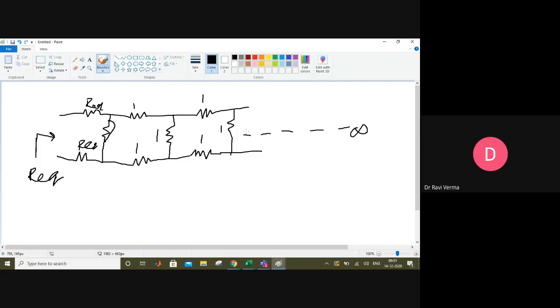It is going towards the infinite side. Same thing is there, 1 and 1. Initially it was 1 and 1, the circuit was like this. So the same circuit is repeating till infinity. So if we are seeing from this side, it is R equivalent. If we see from this side also, what will be its value? If you take one drop out from the chain, it will still look like the same chain. Correct?